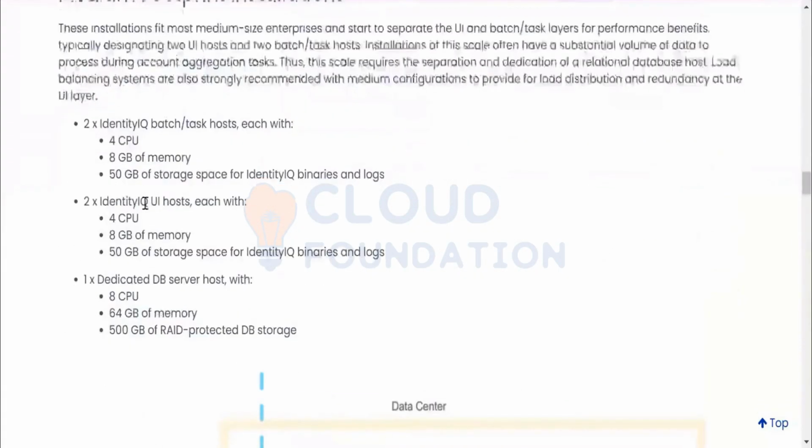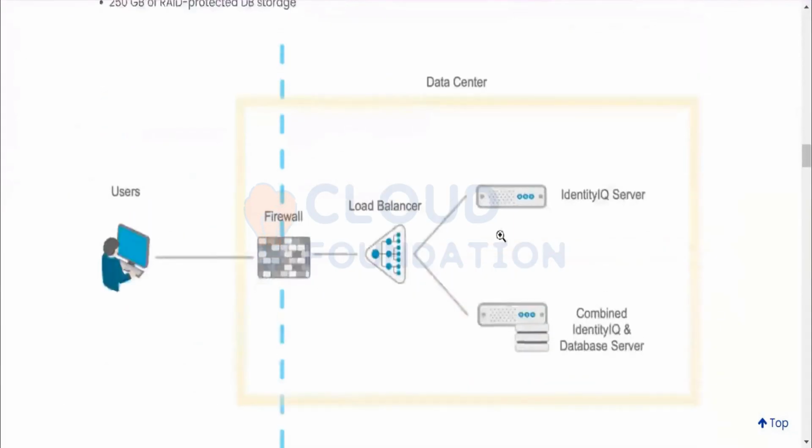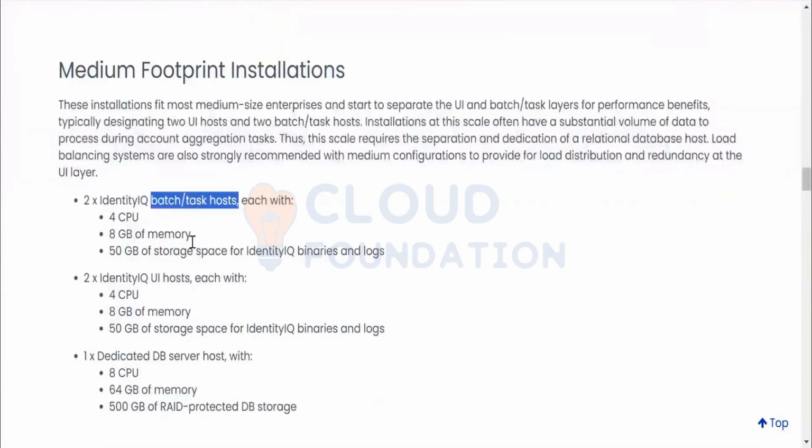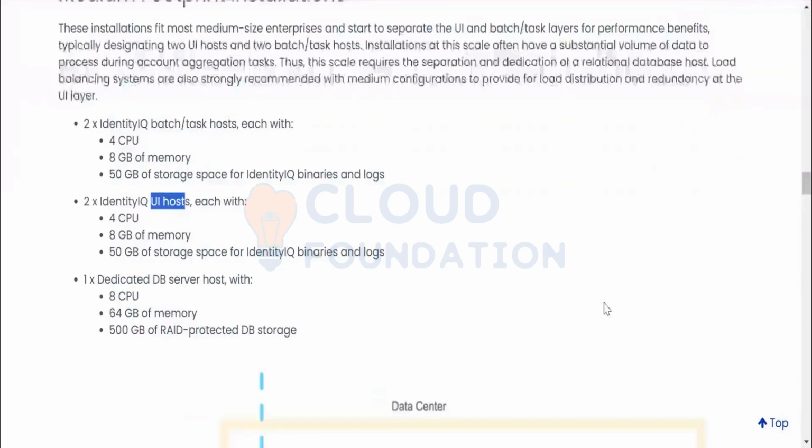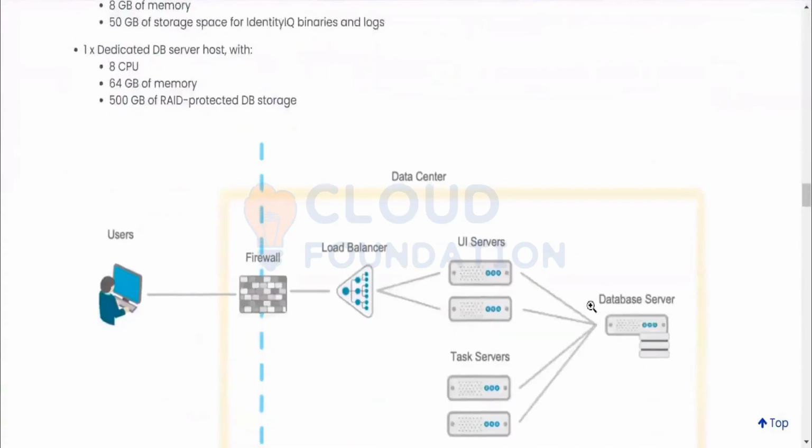If it is a medium footprint, we need 5 servers: 2 batch servers, 2 UI servers, and 1 DB server. In the previous diagram, they didn't mention a UI server or batch server, right? But in the medium footprint here, we need batch servers, UI servers, and a DB server. What does it mean?